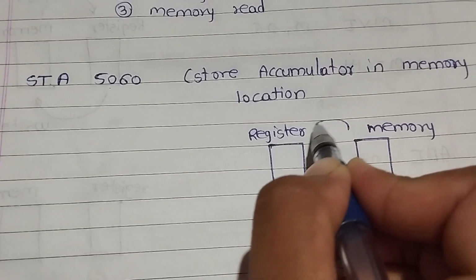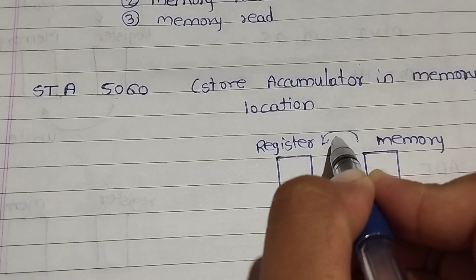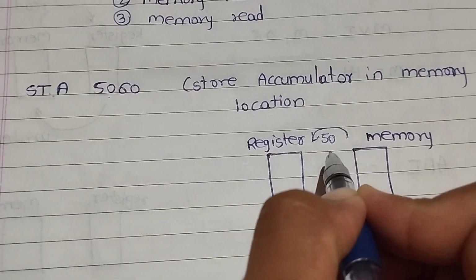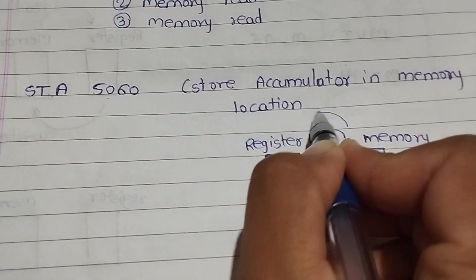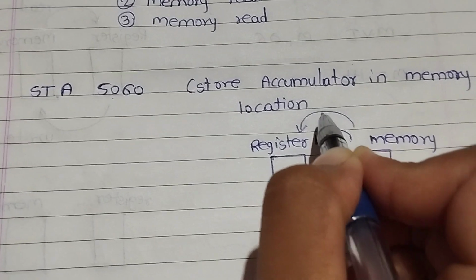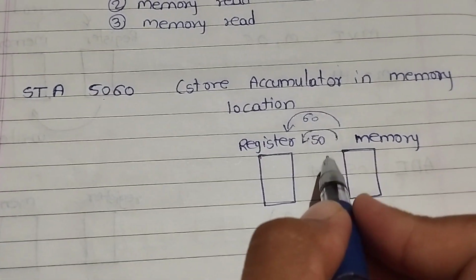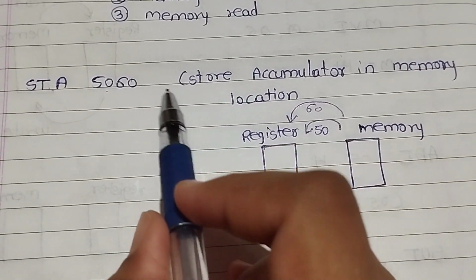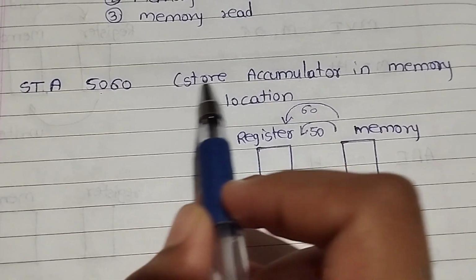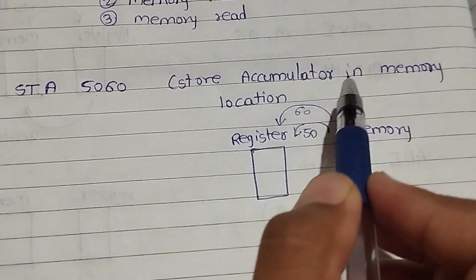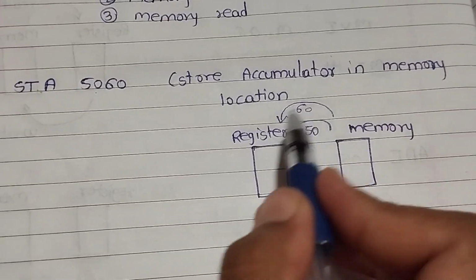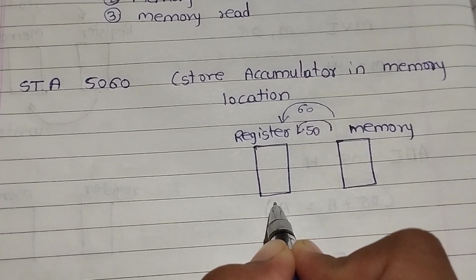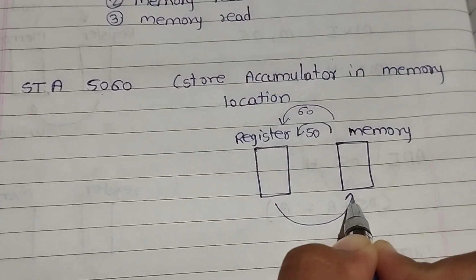So the first read operation we perform to transfer the lower address byte, then we transfer the next 8-bit data, which is 60, from memory to register. Then what is the meaning of this instruction? Store accumulator in a memory location, meaning the accumulator data is now stored to the memory.